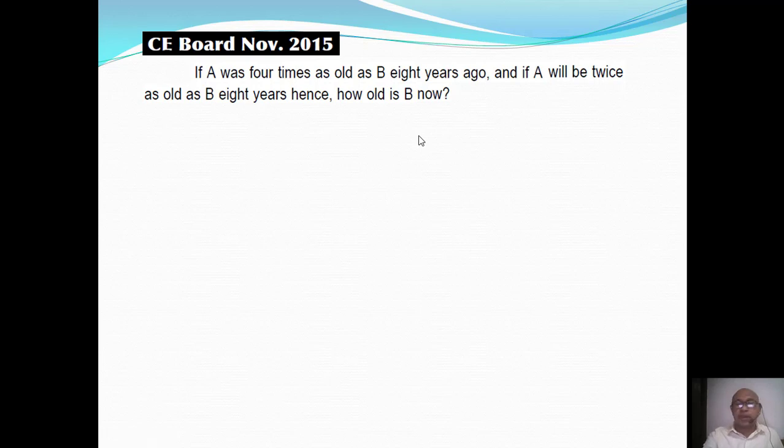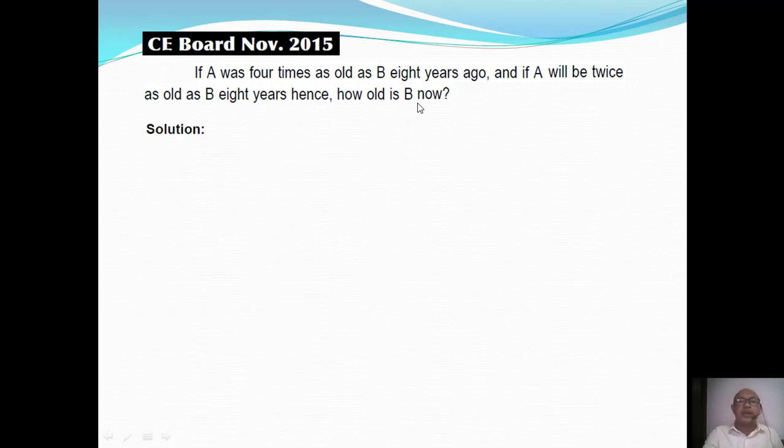Okay, so we have 2 persons here, A and B. We have past condition, 8 years ago, then future condition, 8 years from now or 8 years hence, and we have the present, how old is B now?